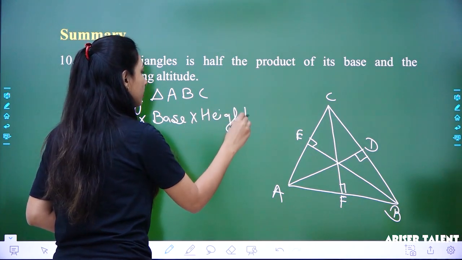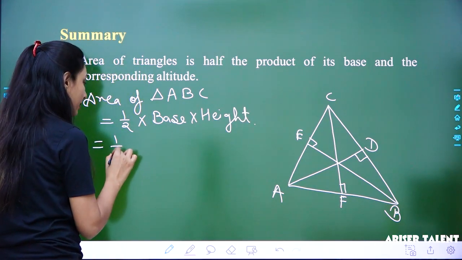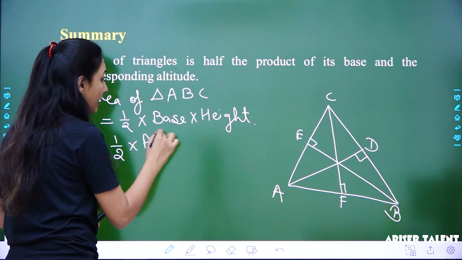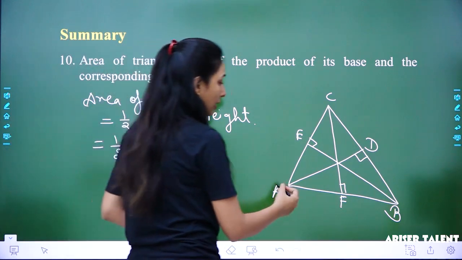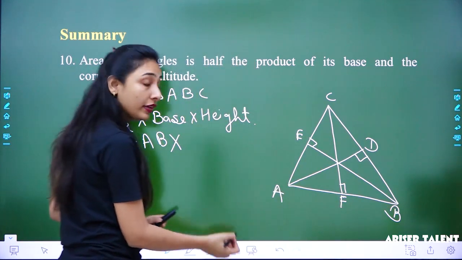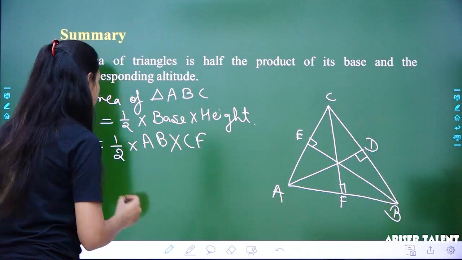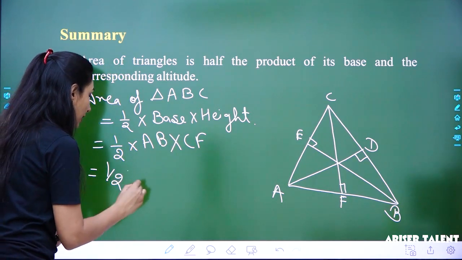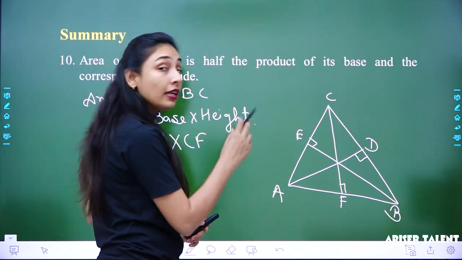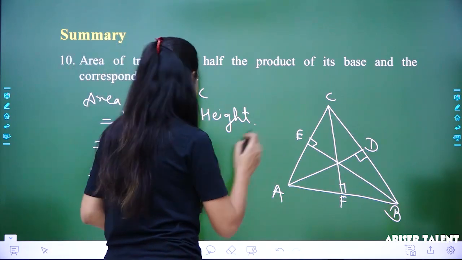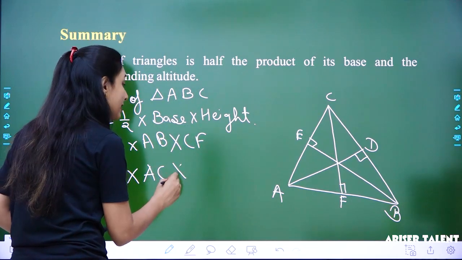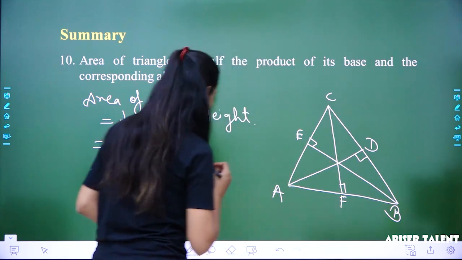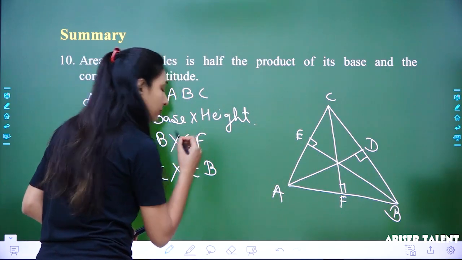Now in the three cases, if we take the base as AB, then CF is the perpendicular, so that will be CF. This will be the same as the area when we take the base as AC. If you take AC as the base, you'll have EB as the perpendicular.